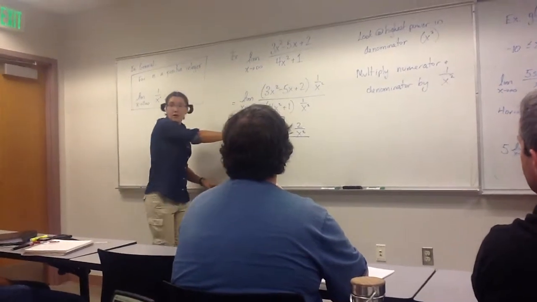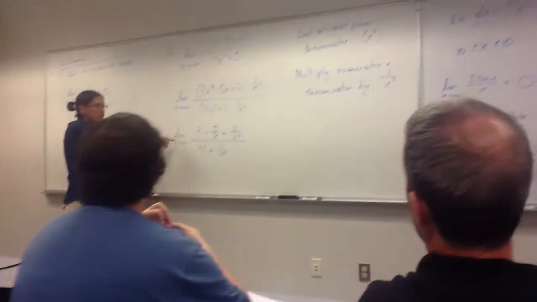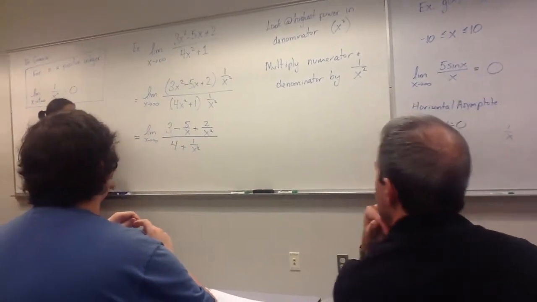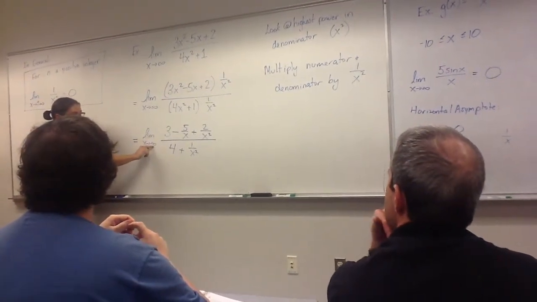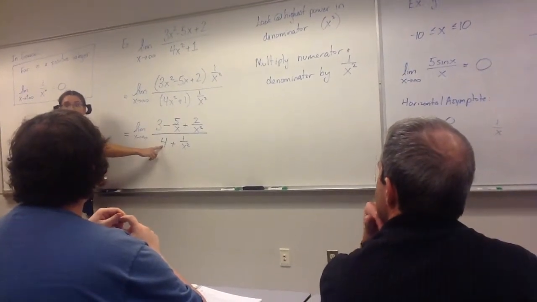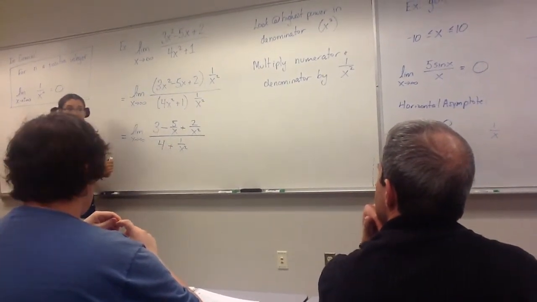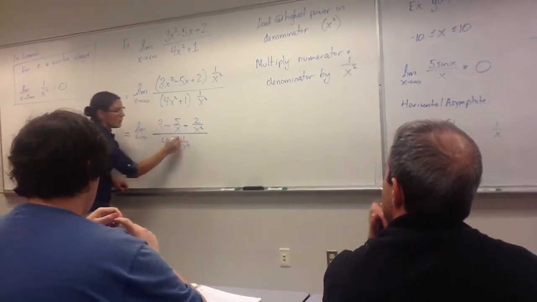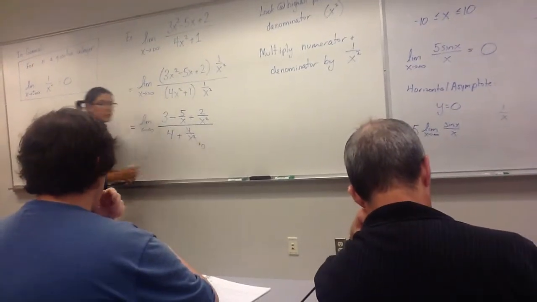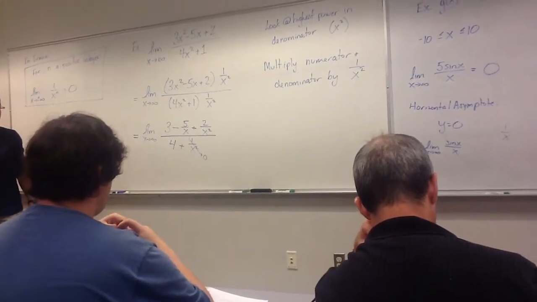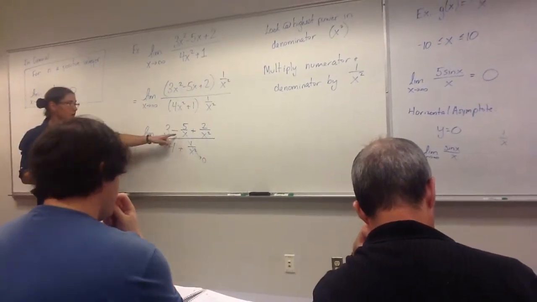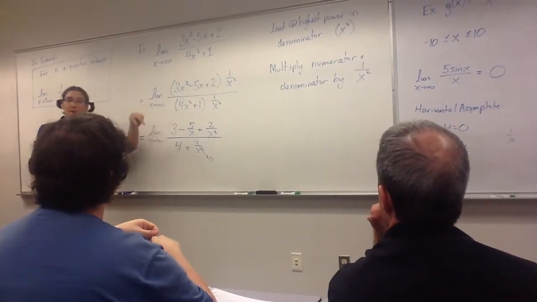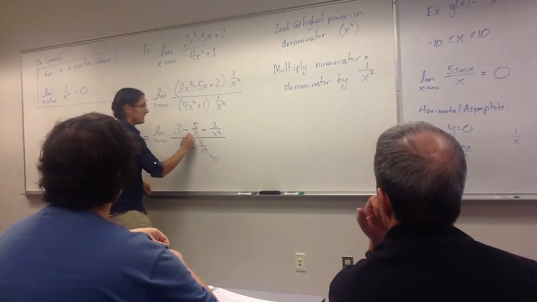But now that I've done this algebra trick, take a look at what's happening. If I look at my denominator, as x gets really big, this 4 stays as it is. The 1 over x squared gets really tiny. As x gets really big, 1 over x squared is going to 0. And in my numerator, the 3 remains, but as x gets really big, 5 divided by a really large number, well, that gets very tiny.